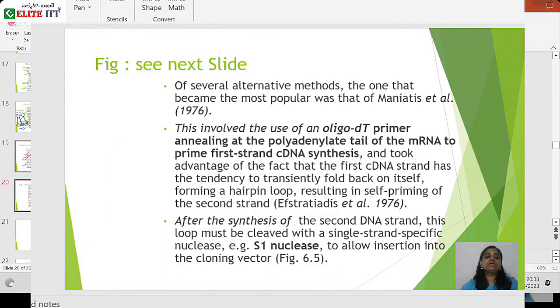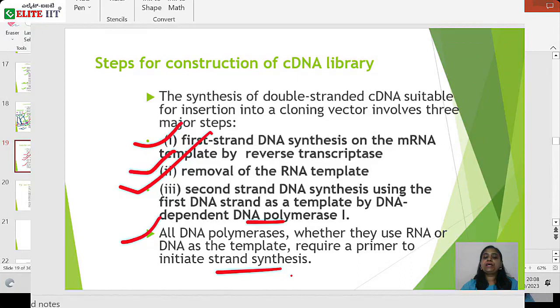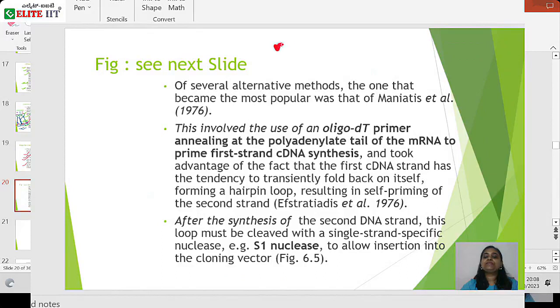Okay, so in this case, what type of primer is utilized? If you are taking mRNA from the eukaryotic system, what will happen? Poly A tail will be there, right? So if poly A tail is there at the 3' end, you can add primer as the poly T or oligo T, right?